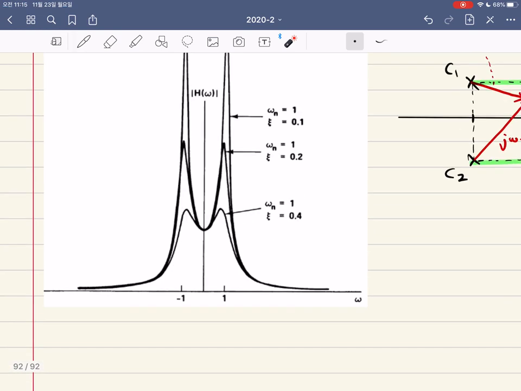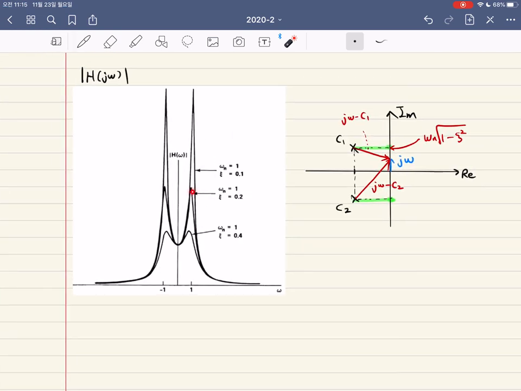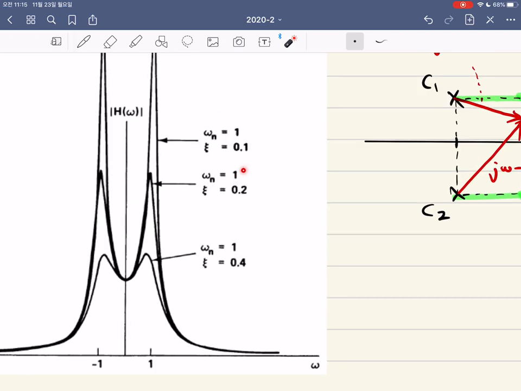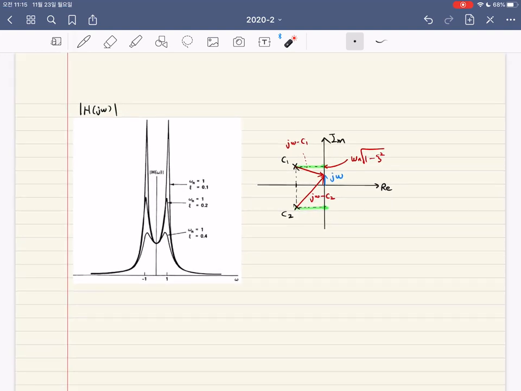And that is the point where you will experience a peak, and this peak will be different with respect to the zeta and also the omega. And in this figure, you fix the omega n and you compare the zetas. But I think we will continue the interpretation of this figure in the next lecture, okay?